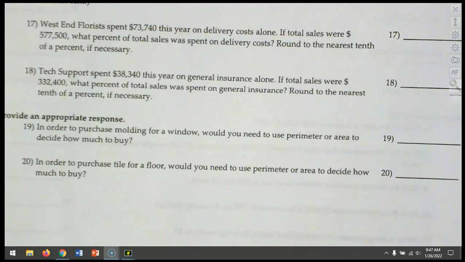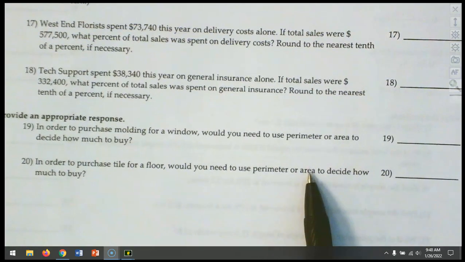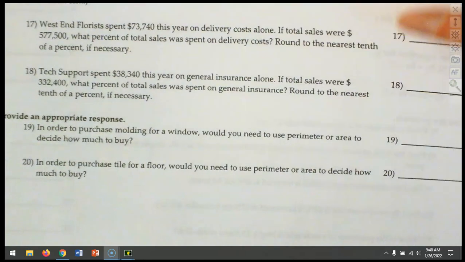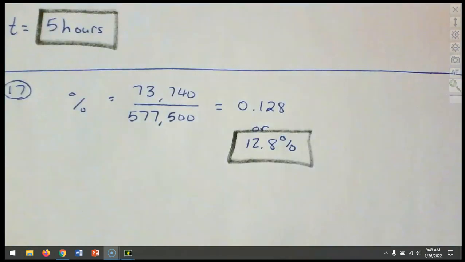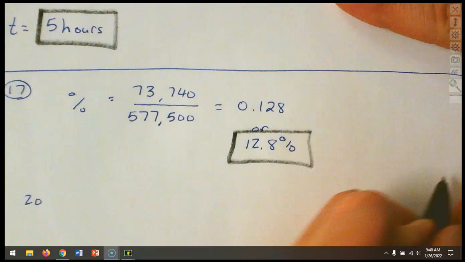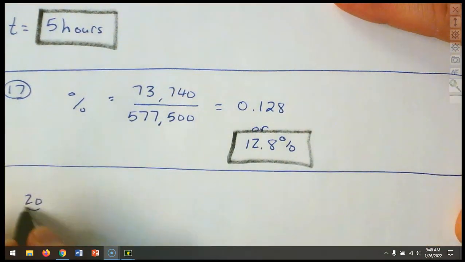So when we're looking at this one, if we want to go buy tile, it's not going to be perimeter, right? We're not just adding up the sides of the room. No, we have to take the length times the width. So in this case, when we go to buy tile or carpeting, we would want it in terms of an area because it's square feet. Carpet is measured in square feet. So just to make sure, on question 20, it's going to be an area.